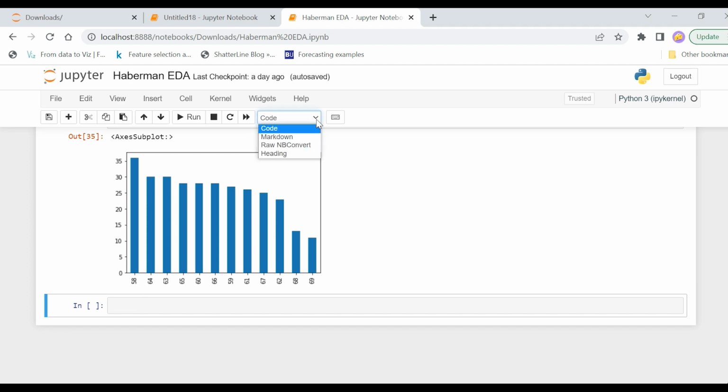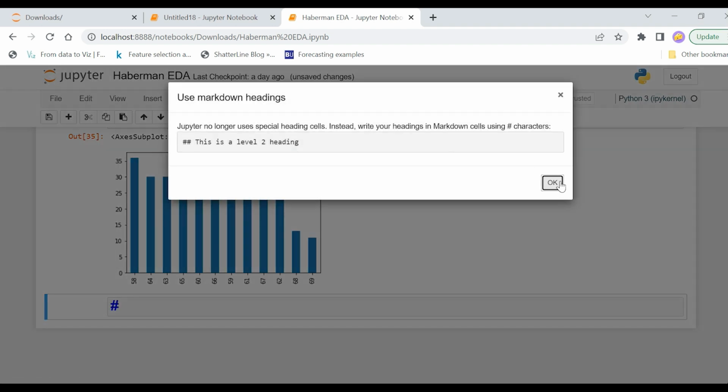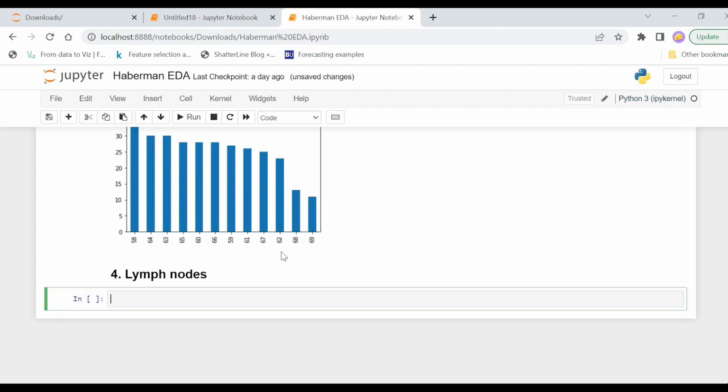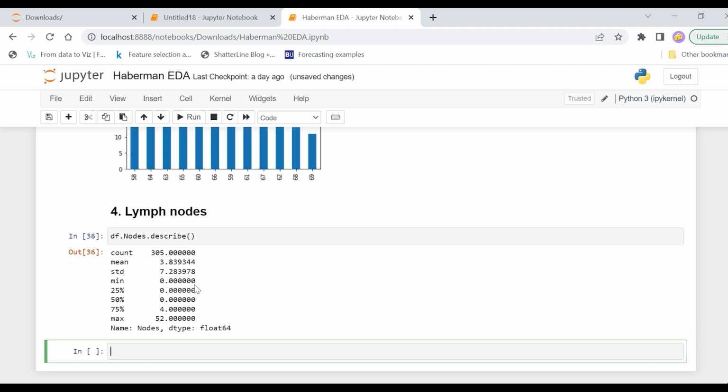So let us analyze my fourth feature, which is the lymph nodes. As we know, the range of nodes was from 0 to 52, and for 75% of the cases the nodes were only 4.